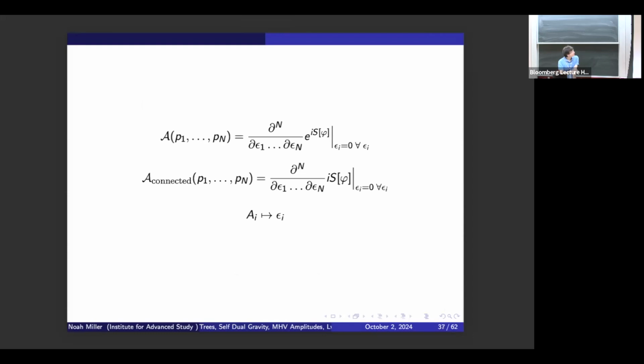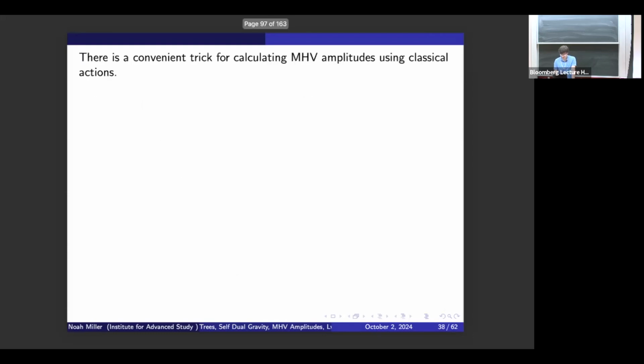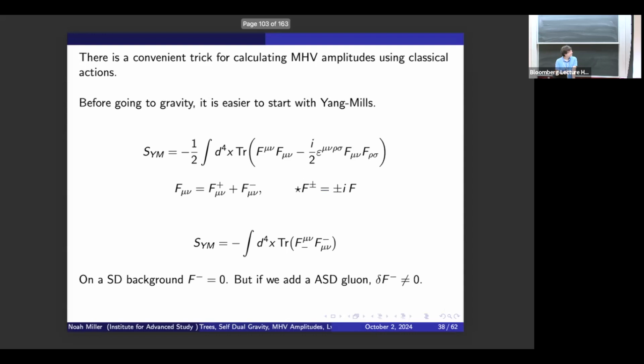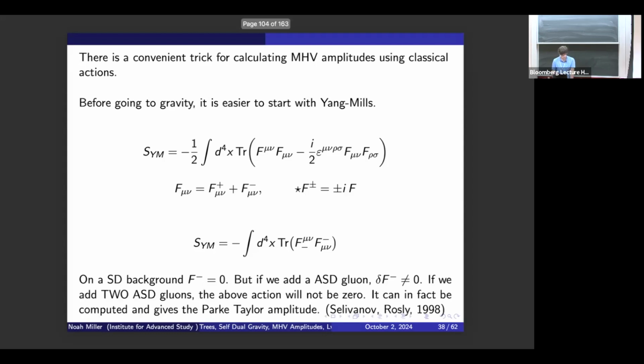We want to use this formula to calculate the amplitude, and unless you have two independent anti-self-dual gluons, this won't be non-zero. This strategy was used to compute the Parke-Taylor amplitude using perturbiners and self-dual Yang-Mills by Selivanov and Rosly in 1998. In some sense, this paper is doing what they did for Yang-Mills, but for gravity.